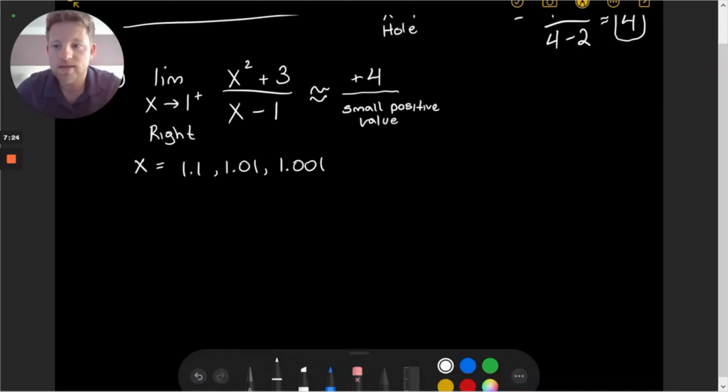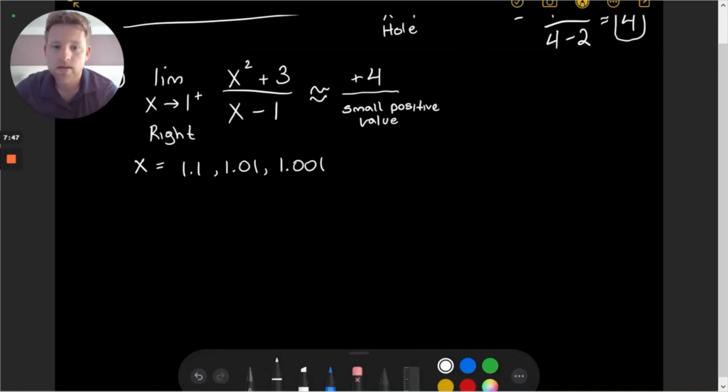So let's just consider that ratio. We have a positive number in the numerator. 4 is going to be large in relation to this denominator, and they're both going to be positive. So when I consider what this ratio is going to converge to, I have a very small value in my denominator, a value that gets smaller.